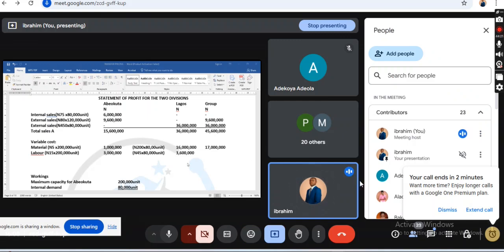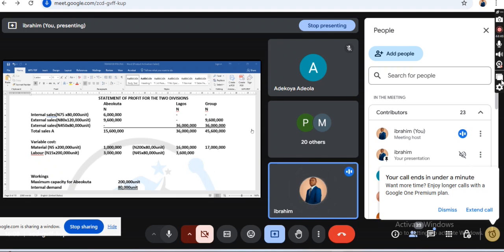I will recognize it immediately after material and labor. Please don't forget the internal sales. If Abeokuta is selling to Lagos, it will become a revenue to Abeokuta, and it will become a cost to Lagos.